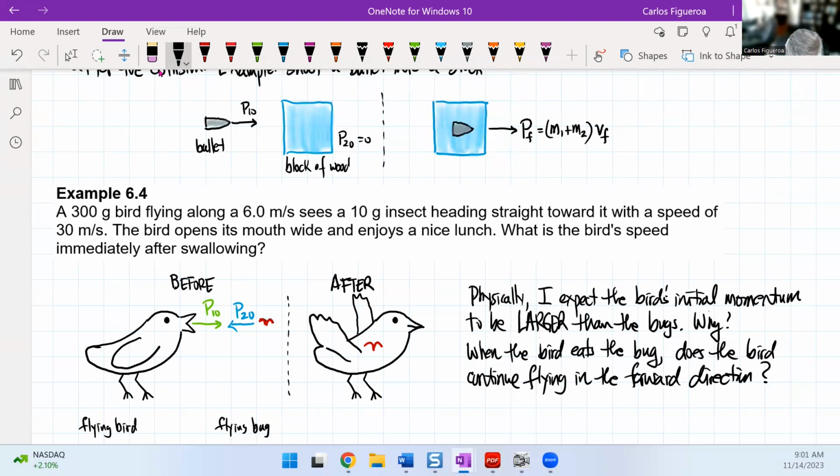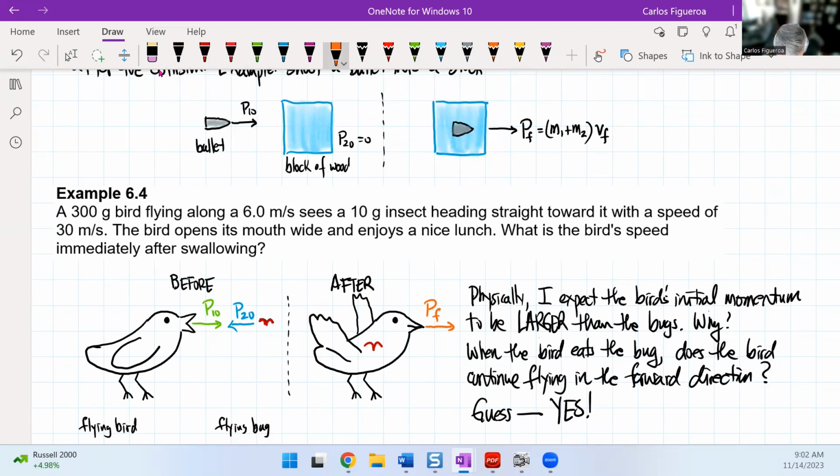And my guess here, right, this is my guess, is the answer is absolutely yes. It has to. So then what I would expect here is that the final momentum of the system afterwards is going to continue flying to the right.